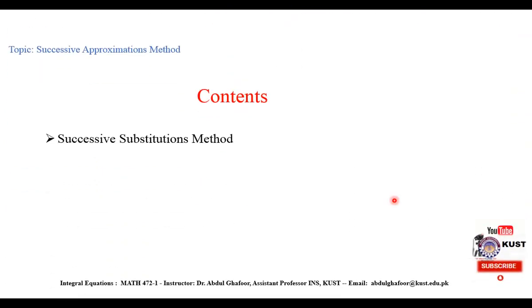In this lecture, first I will discuss the basic procedure of the successive substitutions method. Then we will try the successive substitutions method to solve some test problems, and finally I will end with references.